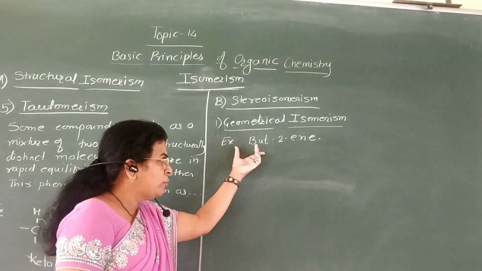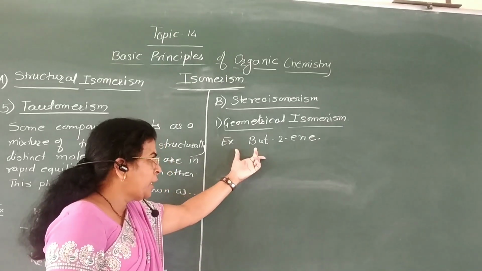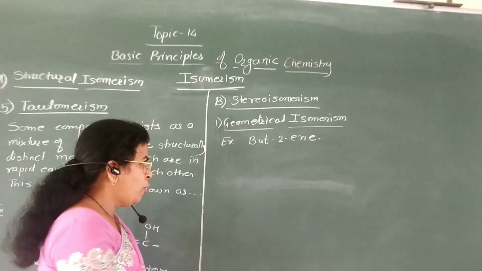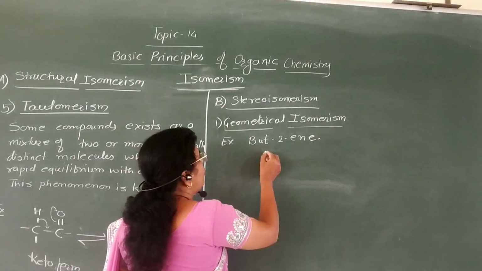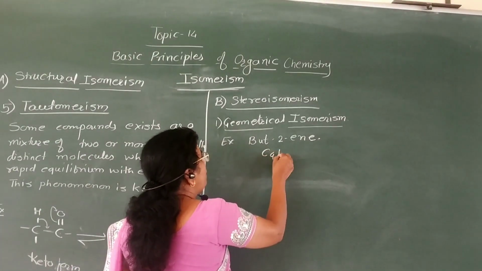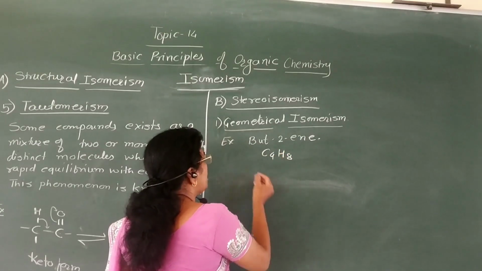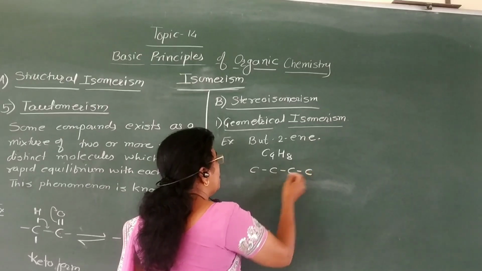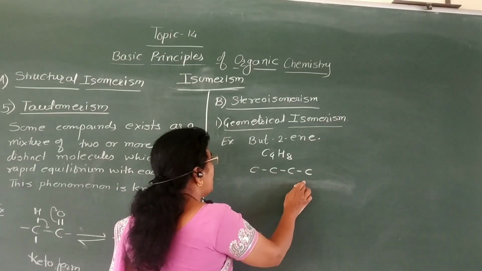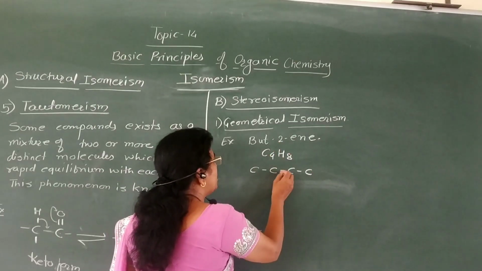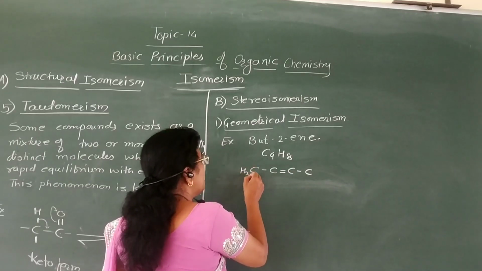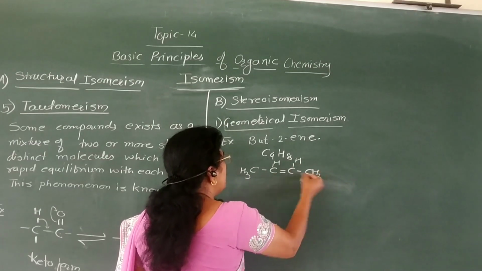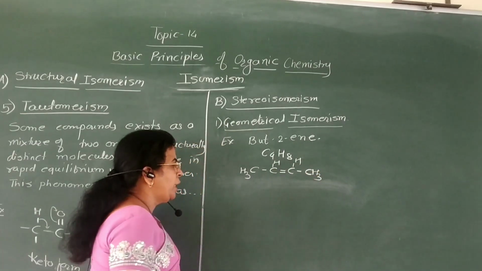Now we are going to understand this geometrical isomerism by the example of but-2-ene. The molecular formula of butene is C4H8. The structure is: four carbon atoms in a straight chain. At the 2 position there is a double bond, that is CH3, CH, CH, CH3. This is the structure of but-2-ene.